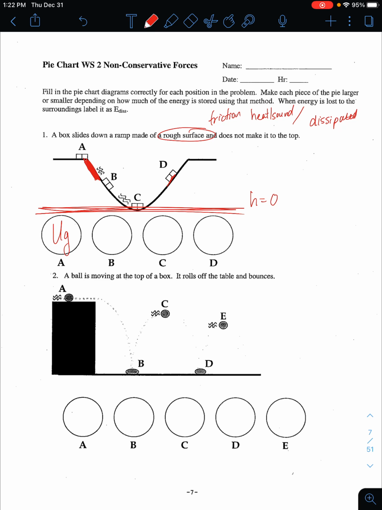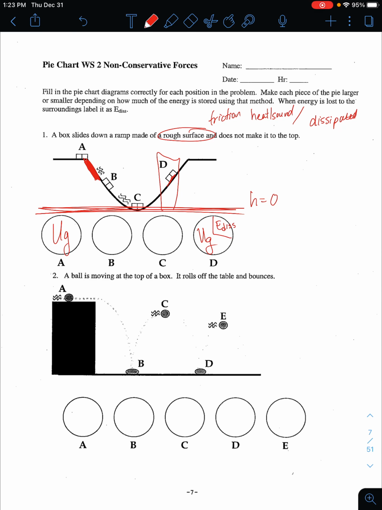I'm not really sure how much. So what I have to do is go to my ending condition. And at my ending condition, I'm only up about 3/4 as high as I started. So I'm going to call this 3/4 as much gravitational energy as I had at A. All the rest of this must have been dissipated.